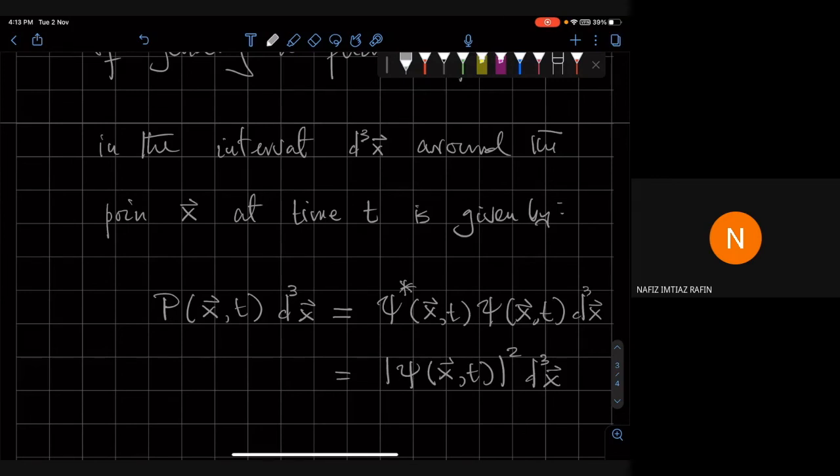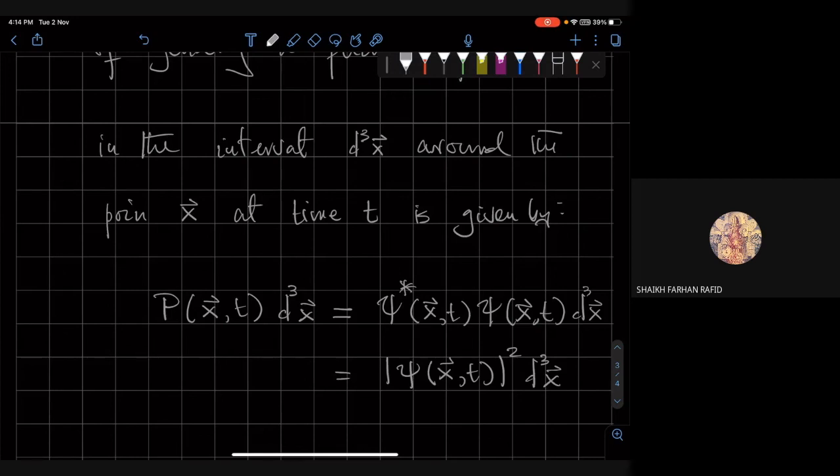This probability density is in a volume independent of time, but the P has time as an argument, because ψ in general has time as an argument, right? So if the particle is moving, then that probability density is going to change, right?